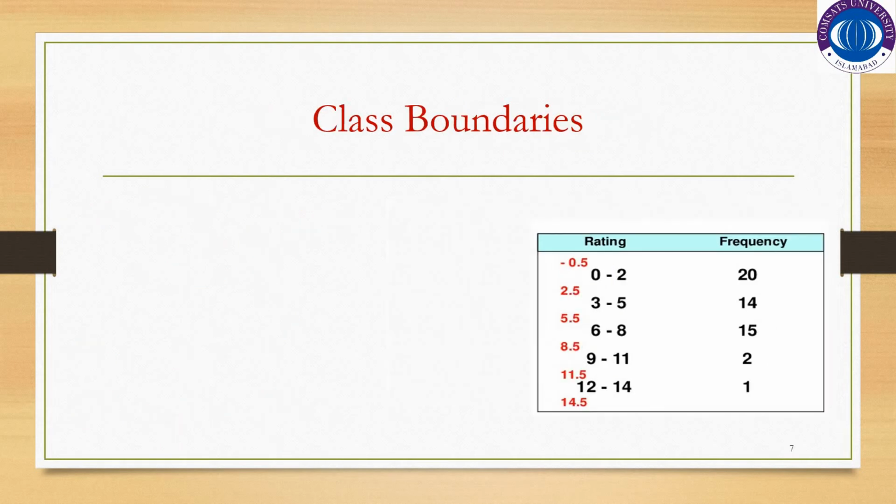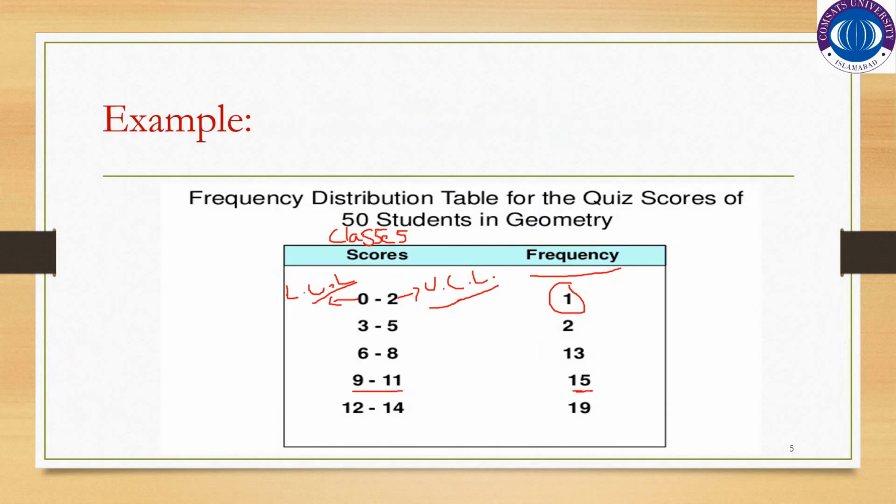Now let's move to the class boundaries. What are the class boundaries? In classes, we see there is a gap between the upper class limit of the preceding class and the lower class limit of the exceeding class.